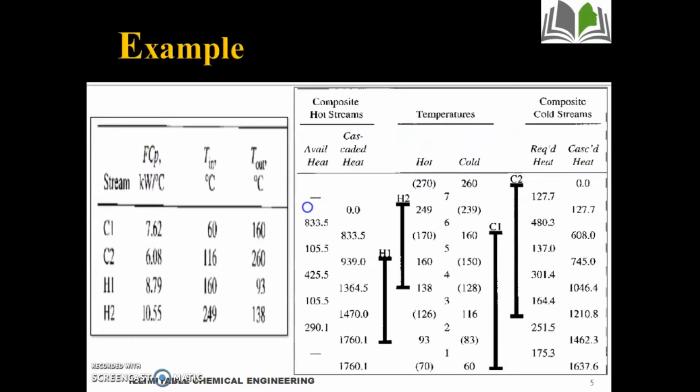First, the example is similar to the one we have taken in lecture number 3. For the GCC curve and HCC curve, the data is the same. For this problem we have already developed the table for the hot and cold temperature intervals, and its cascaded heat also.